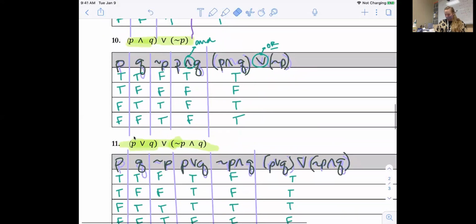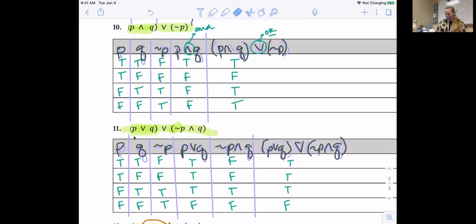I'll just add number 11 on here. I just got rid of 9. Is that gonna cause a problem or are we cool? Okay. Same thing with 11.